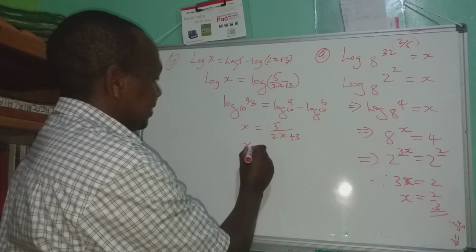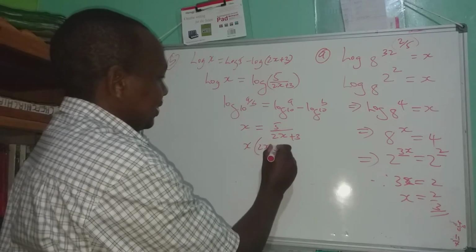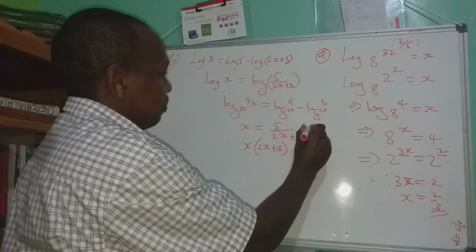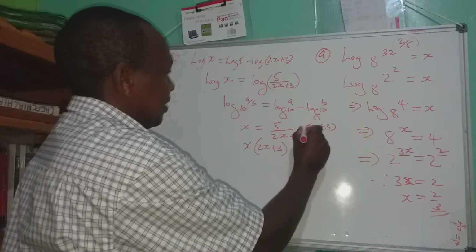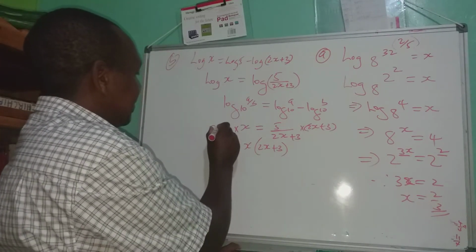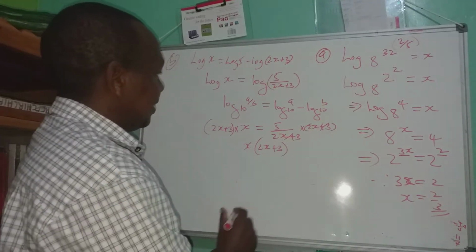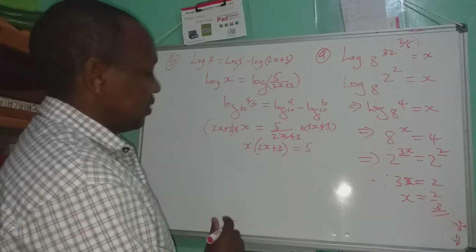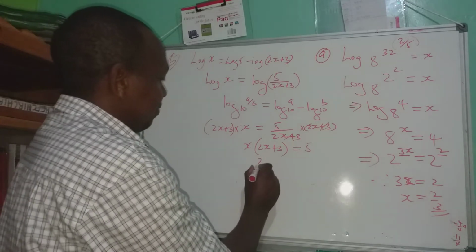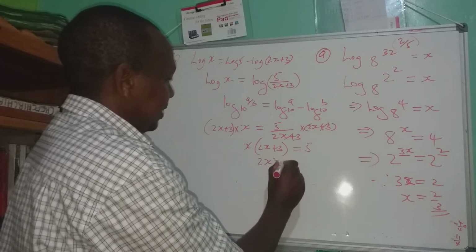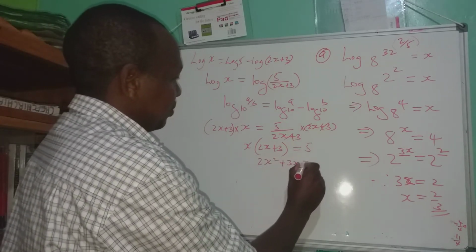You can say this is x into 2x plus 3, by multiplying by 2x plus 3. You can cancel this. This is equivalent to 5. So if you open the bracket, you can have 2x squared plus 3x is equals to 5.